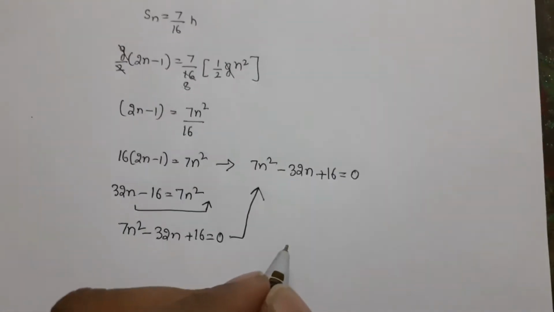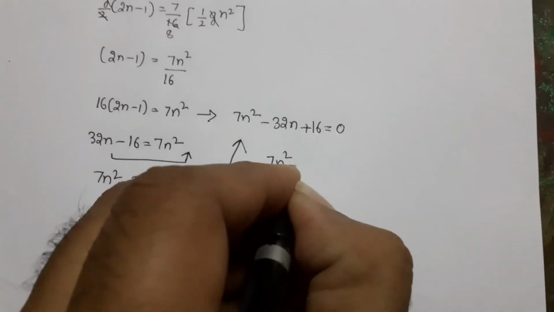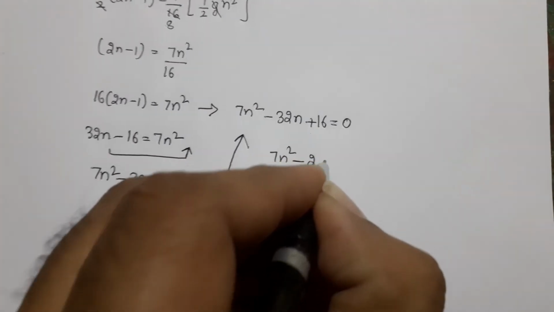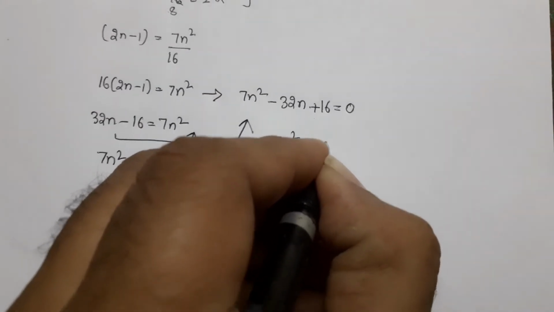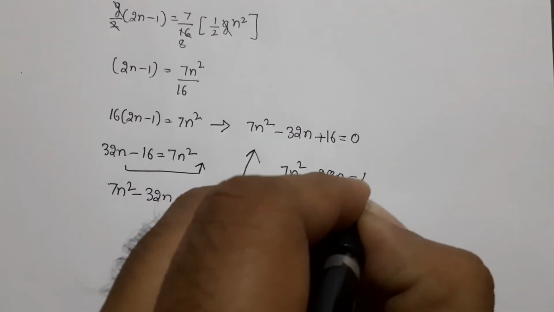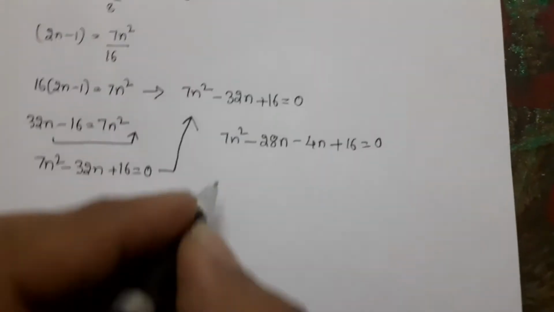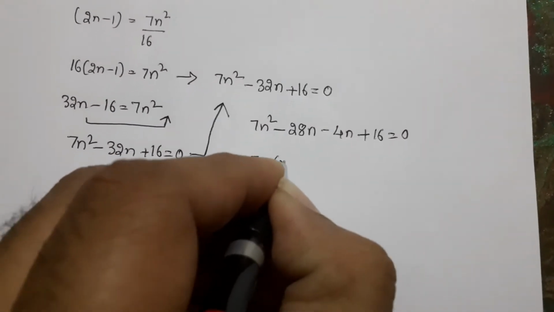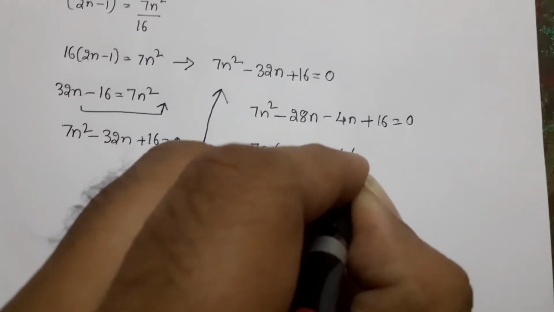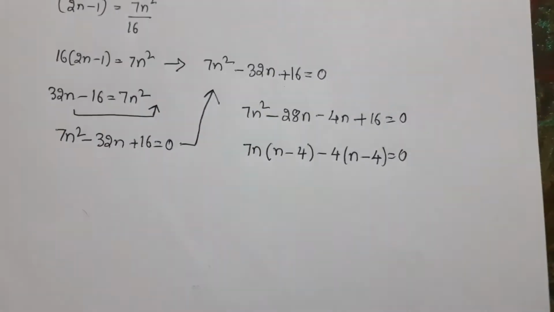What I will do is 7n square minus 32n plus 16. If you know quadratic equations, you can use the formula for the roots, or else just try to split this into terms. Then take the 7n common, it is n minus 4, 7 fours are 28. Here also minus 4n, you can take 4 as a common, it will be equal to 0.